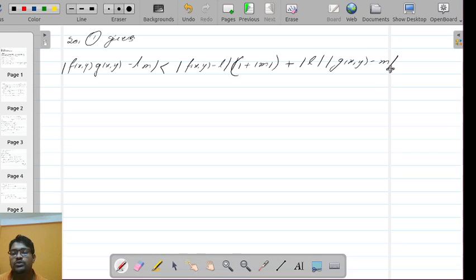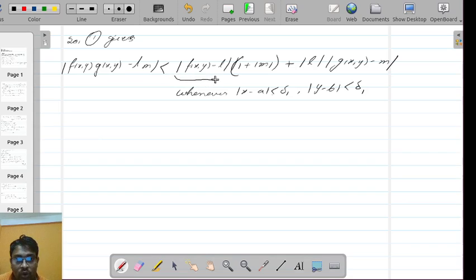This happens whenever mod of x minus a is less than delta 1 and mod of y minus b is also less than delta 1. Now we have got an idea.